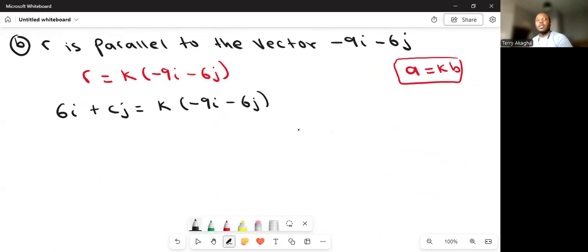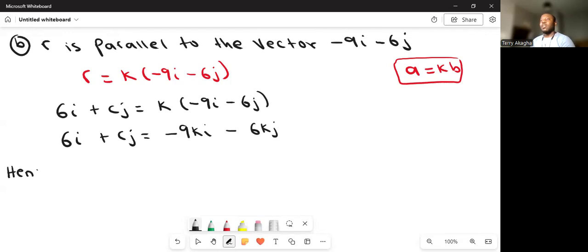All right? So we open the bracket. We're going to have 6i plus cj equal to minus 9ki minus 6kj. Like I always say, all the i's on the left-hand side must be equal to the i's on the right-hand side.